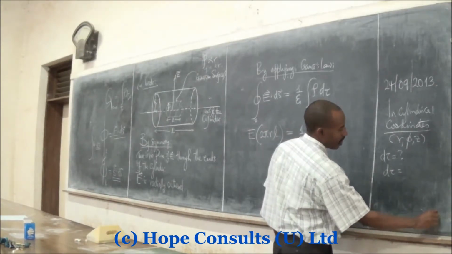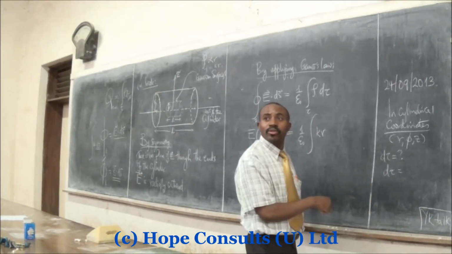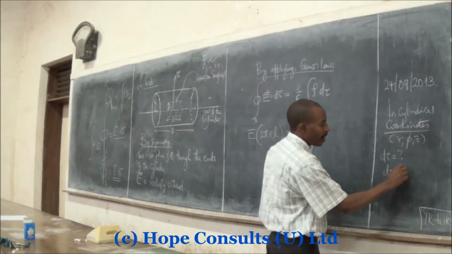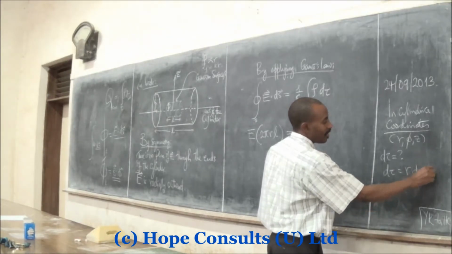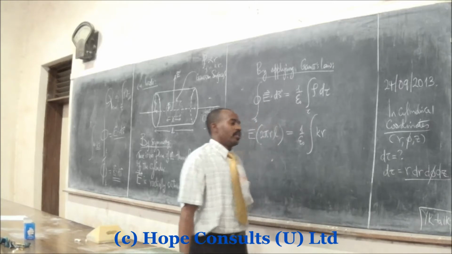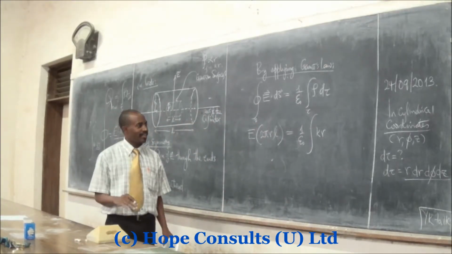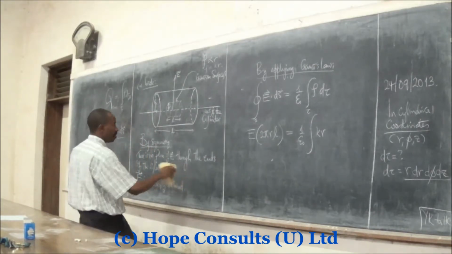So what would d tau be equal to in cylindrical coordinates? r dr dphi dz. So now I'm comfortable, since you all know this.